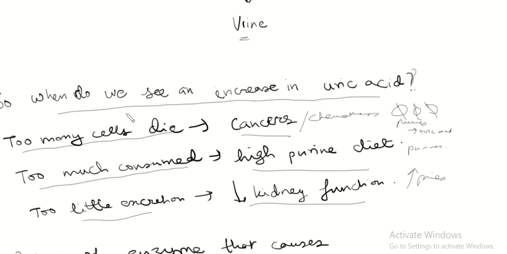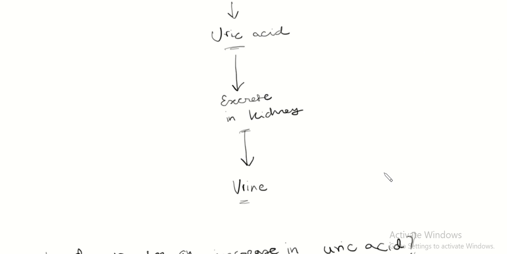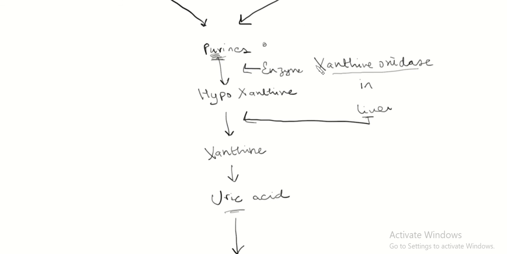We talked a little bit about how if too many cells die, you get a lot of purines. If you eat too many purines, you get a lot of purines. If kidneys don't excrete, then there's a buildup of uric acid. And last but not the least, if there's an enzymatic defect, that may lead to increased production of uric acid.